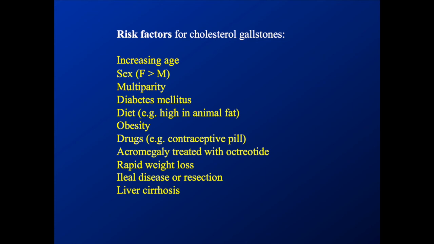This includes the gallbladder, and so treating someone with octreotide would cause stasis in the gallbladder, which enhances the chances of crystallization of cholesterol and then stone formation. The final three, rapid weight loss, ileal disease or resection, or liver cirrhosis, these are all going to change the concentrations of cholesterol in the bile and will exacerbate the formation of stones.